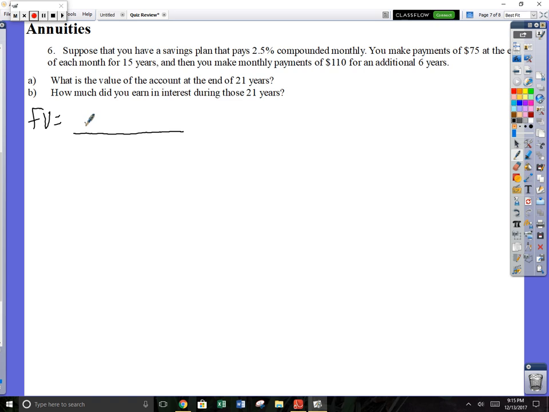I'm going to go my monthly payment, which is 75 times 1 plus A, and A is 0.025 divided by 12. So I'll store that in my calculator right now. Raised to the 12 times 15, since I'm leaving this first one in for 15 years. Then I'm going to minus 1, close the bracket, and that is all over A. So let me crunch this out real quick.